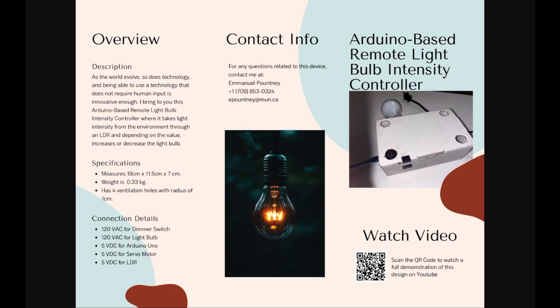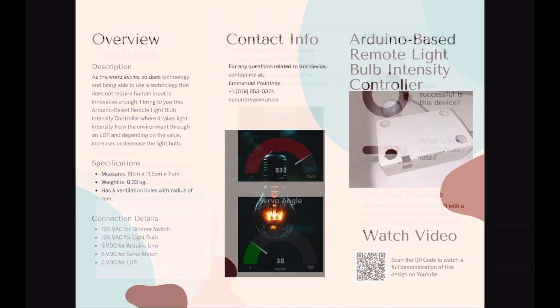For the connection details, our dimmer switch takes 120 AC. Our light bulb also runs on that 120 AC. And our Arduino, our servo motor and LDR use the current coming in from our PC or any software device we want to use, and that is 5 volts.